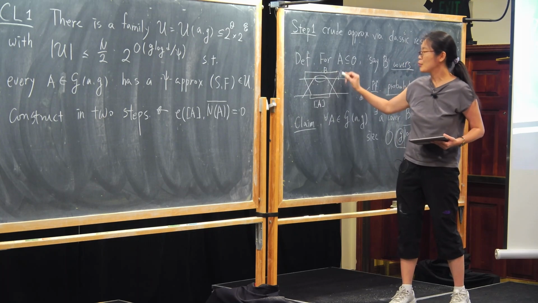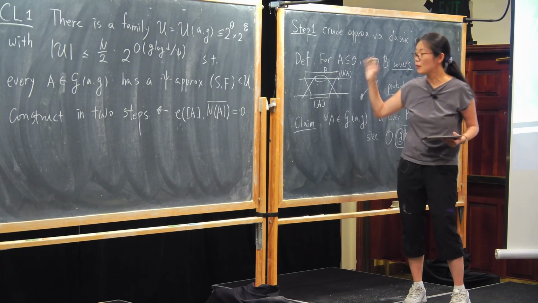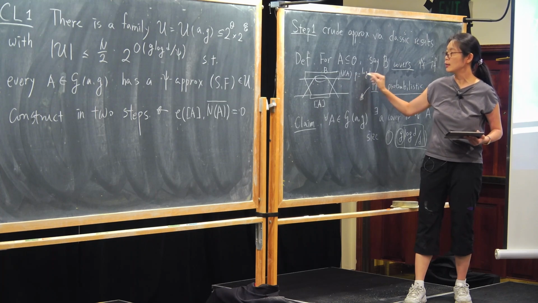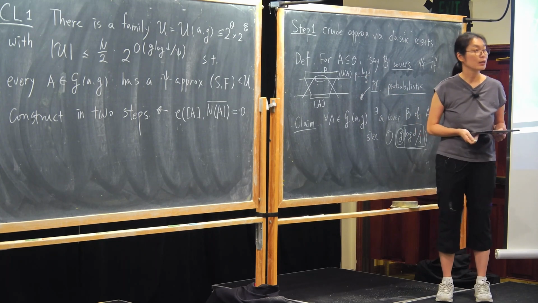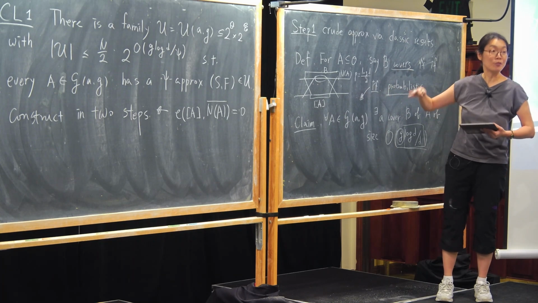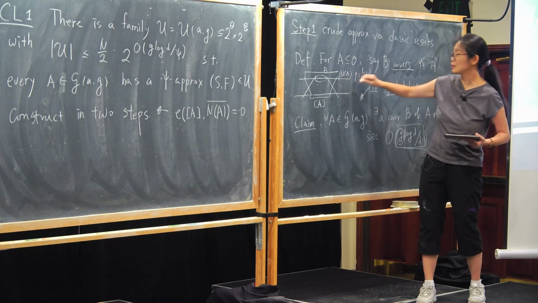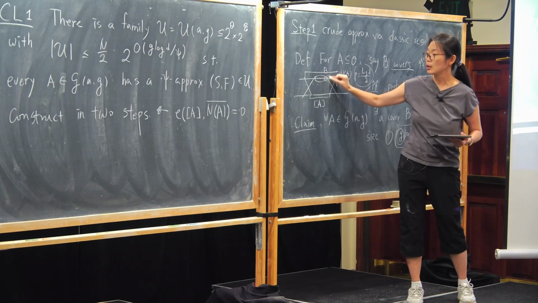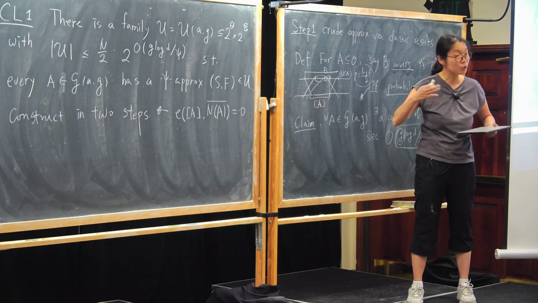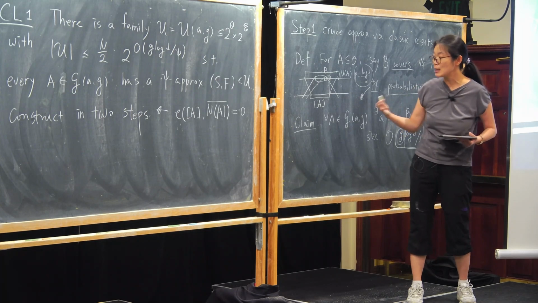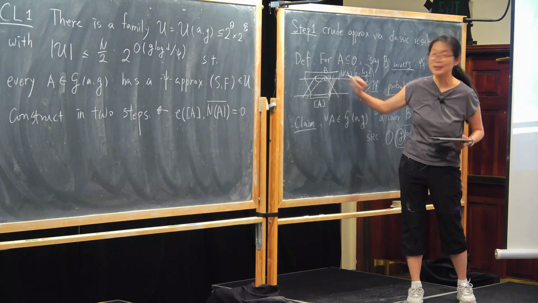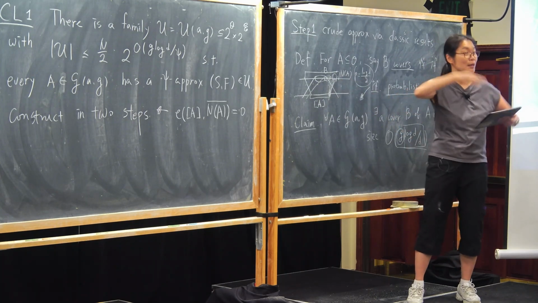In this neighborhood, pick a random subset of the neighborhood with probability log D over D. Then with good probability, or on average, this random set will cover most of the vertices in A, or in the closure of A. Then for the small leftovers, just pick any matching to cover each vertex and combine them.